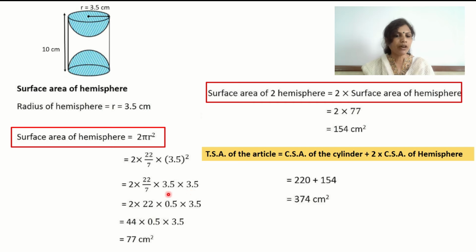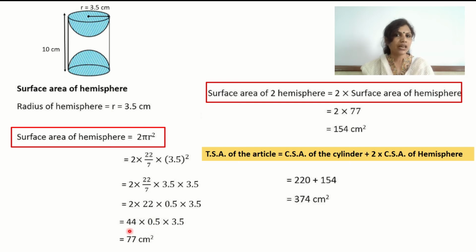So 3.5 we will cancel with 7. So 7 into 0.5 is 3.5. So we are left with 2 into 22 into 0.5 into 3.5. So 2 into 22 is 44. So 44 into 0.5 into 3.5.